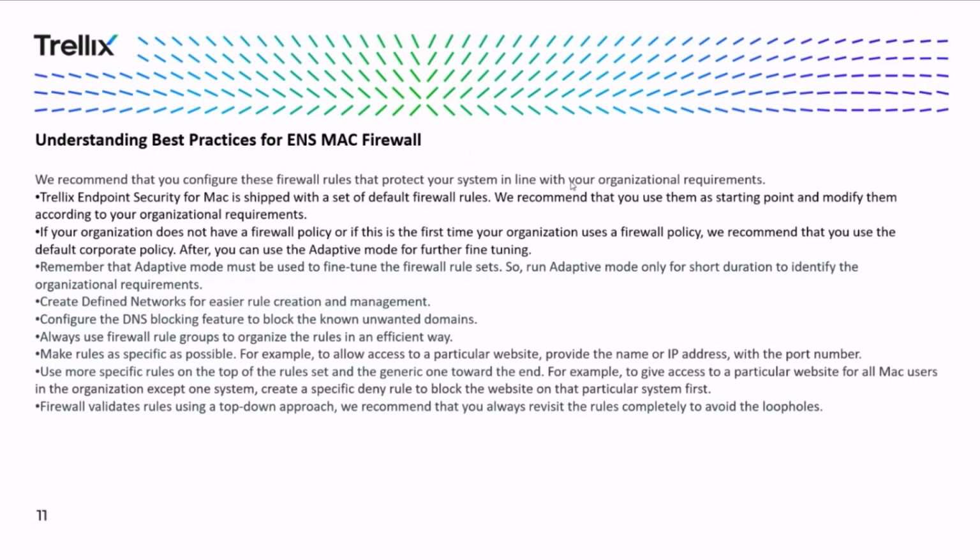So suppose if you have allowed in the top and if you have blocked in the bottom, creating multiple rules for the same task, then you will have to look into it because it is going to be allowed. So just make sure if you have created a block rule but it is still getting allowed, verify the current rules which are applied as per the policy, and then accordingly you can remove that and just keep the block, or vice versa.